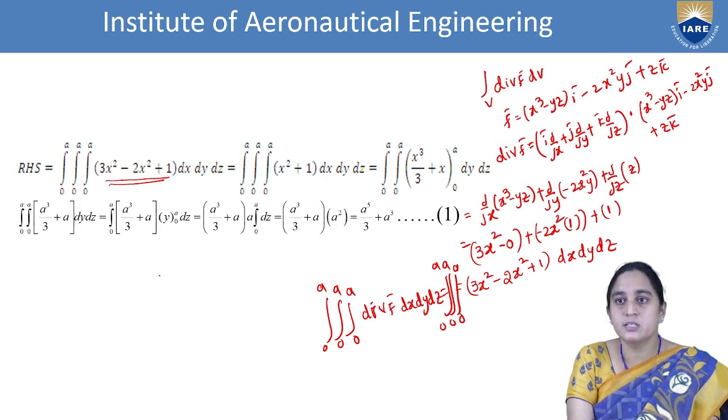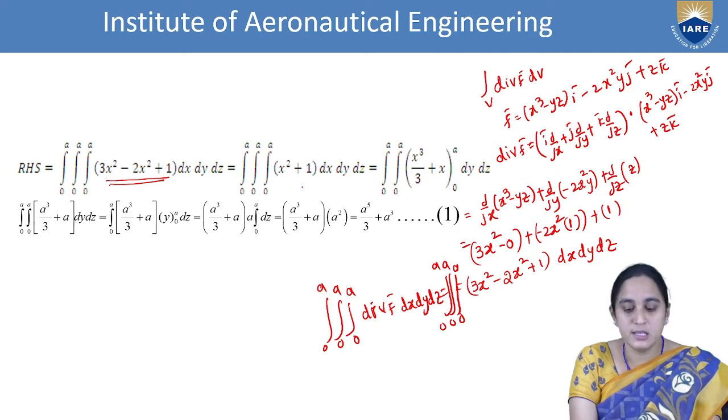What is the integration with respect to x? The integration of x square is x cube by 3, plus the integration of 1 is x, and the limit points are 0 to a. Now substitute the limit points after the integration with respect to x, that is a cube by 3 plus a, and the lower limit is 0, so that is 0 only.